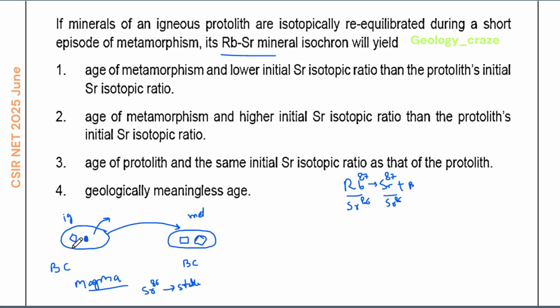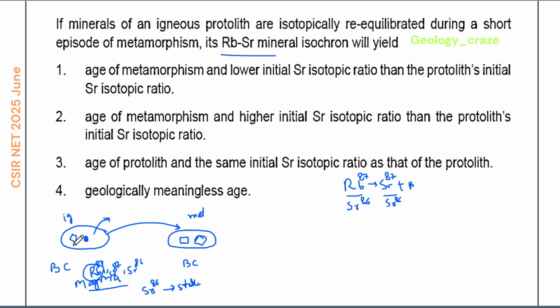In this magma we are getting Rb-87, Sr-87 also, and Sr-86 also. While the igneous rock crystallizes, these minerals are getting formed, and every mineral has its own property to take Rb and Sr. All minerals will not act the same.